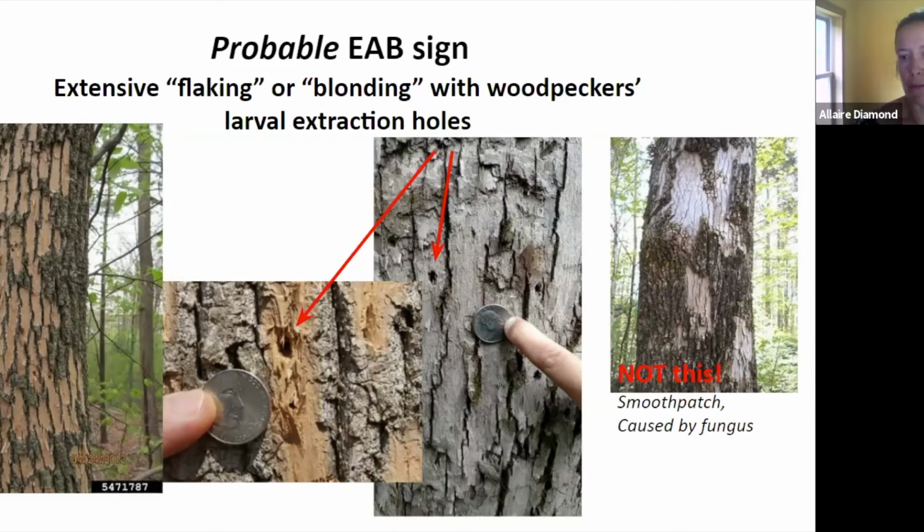If a tree is standing through the winter and has larvae moving and living under the bark, woodpeckers will just detect them, find them, and extract them, and they can reduce the larval population of an individual tree by like 90%. So I think encouraging woodpeckers in stands where people are worried about EAB can be a really good thing. Obviously, they're not going to prevent infestation, but they certainly can slow it down.